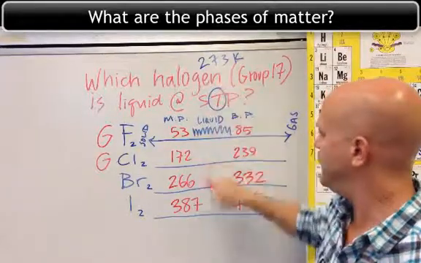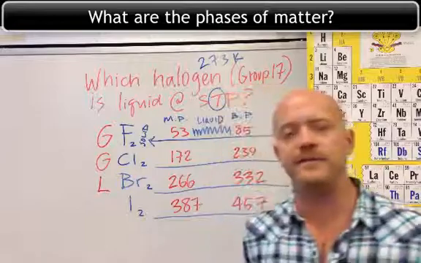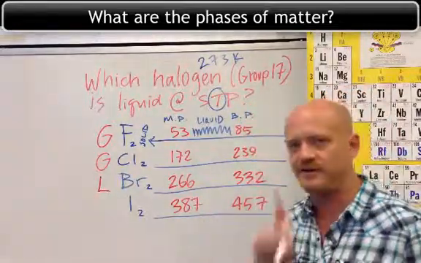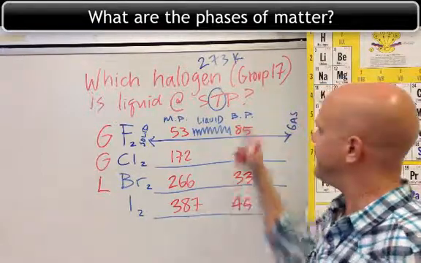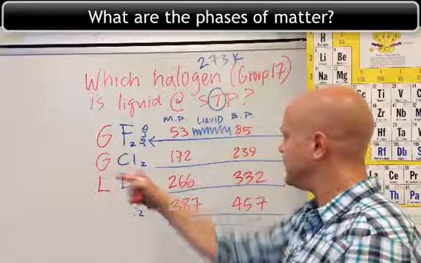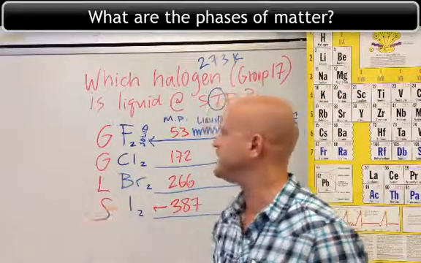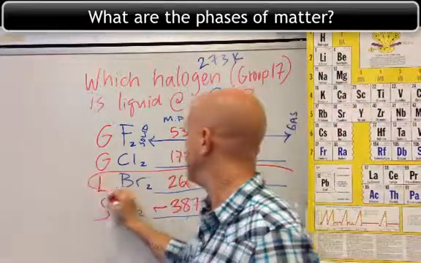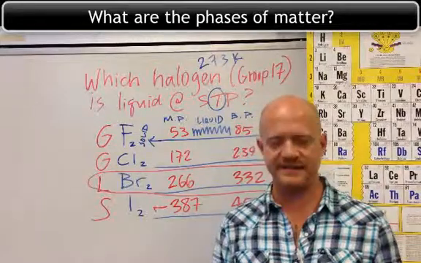Since 273 falls in this gap, it looks like bromine is going to be our correct answer. But let's just verify with iodine. You always want to check all four. 387 to 457. Where does 273 lie? 273 lies to the left. This is going to be a solid at STP. So our correct answer, bromine, is a liquid at STP.